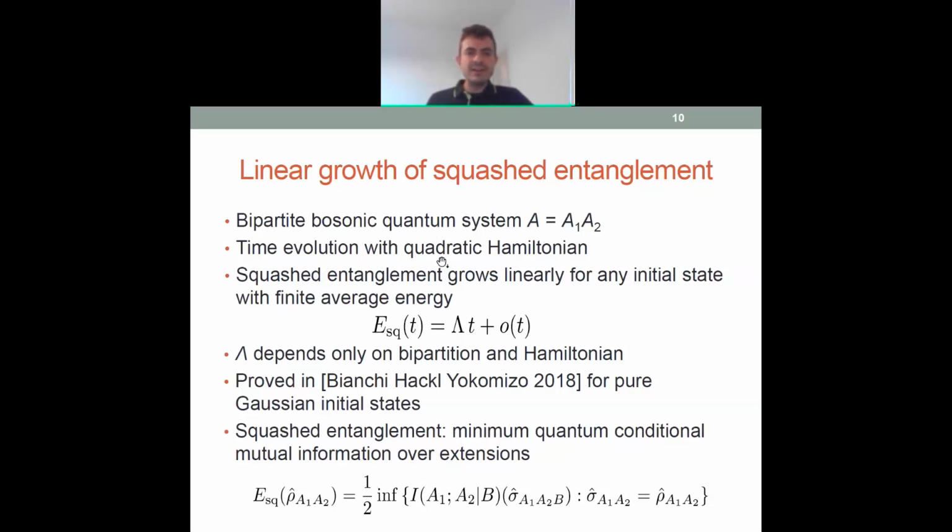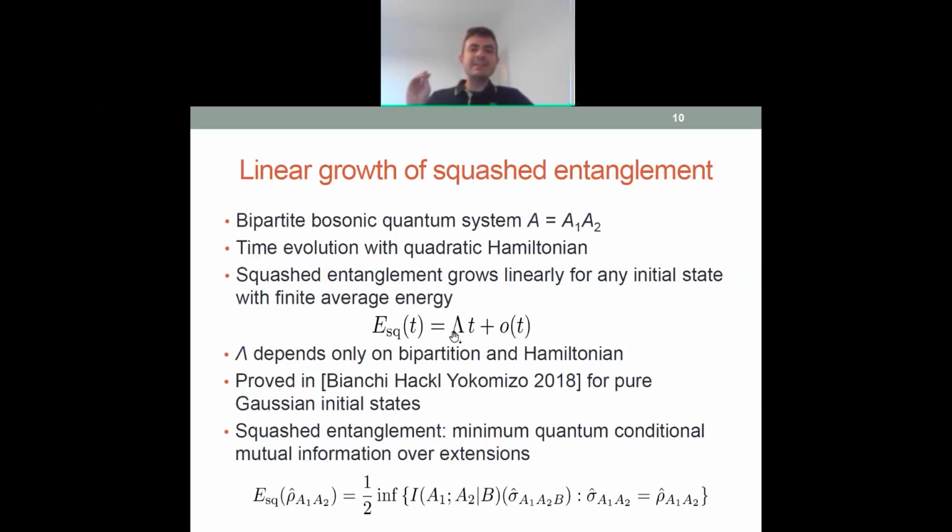And what we have proved is that the squashed entanglement of this joint system grows linearly with time with this prefactor lambda. And the fundamental property of lambda is that lambda depends only on the choice of the bipartition and on the Hamiltonian, but lambda is the same for every initial state.